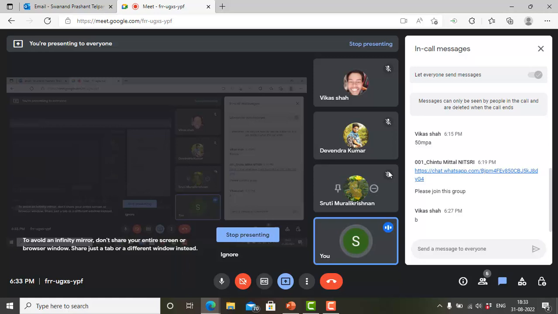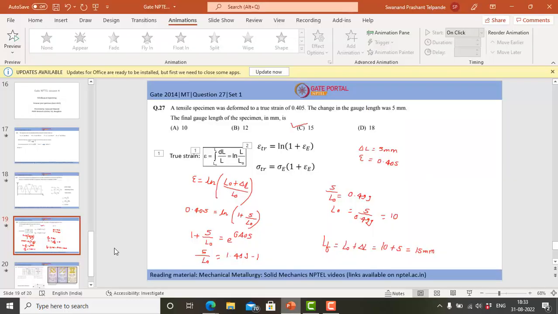Okay, so we will go to the last question of today's session. I will project this question; it is from crystallography. If you have learned physical metallurgy and some crystal structures, then you will be able to answer this question. I will give you 2 minutes to solve it, then we will solve that question.